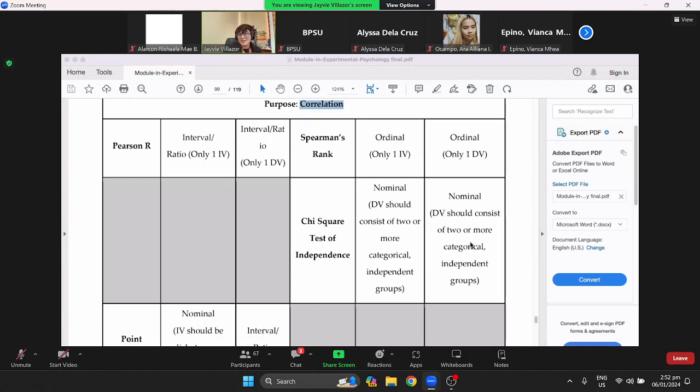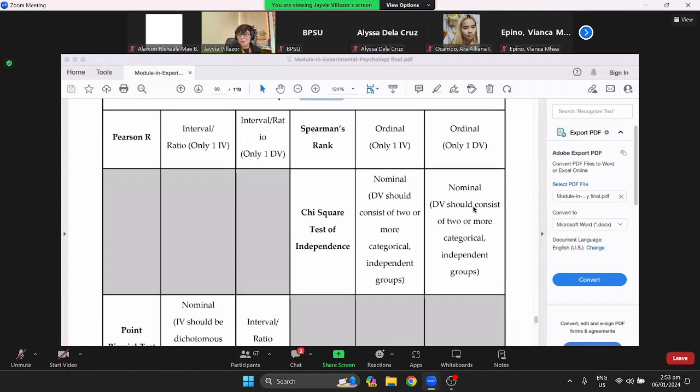Okay? So again, ang independent variable nyo ay nominal with two or more categories. At ang dependent variable nyo ay nominal din with two or more categorical groups rather. Sorry for the term. It should be more on groups, not level. Then we're going to employ the chi-square test of independence.